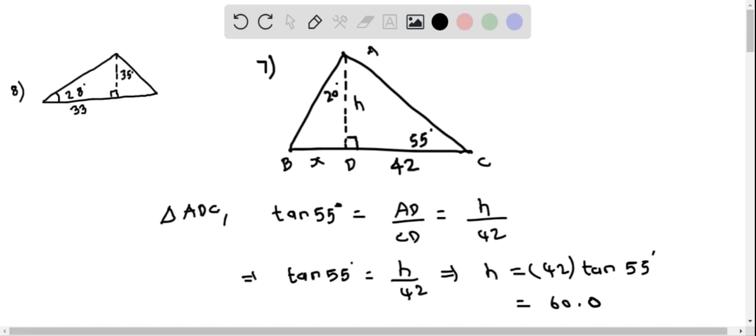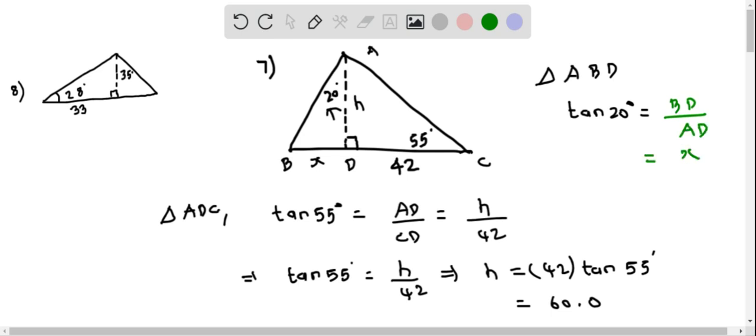Now let's apply the trigonometric ratio in the triangle ABD. I'm going to apply the tangent ratio for the angle 20. So tangent of 20 equals the opposite side, which is BD, over the adjacent side, AD. BD is x, and AD is the height h.